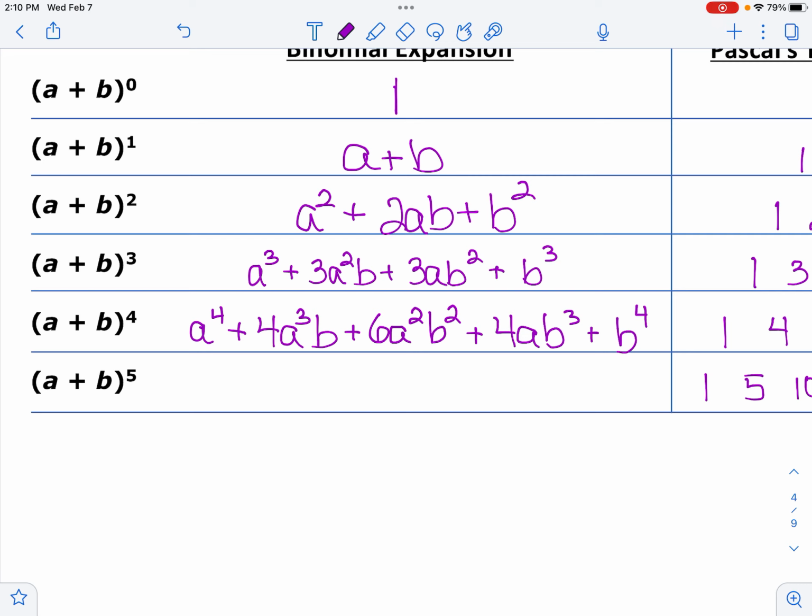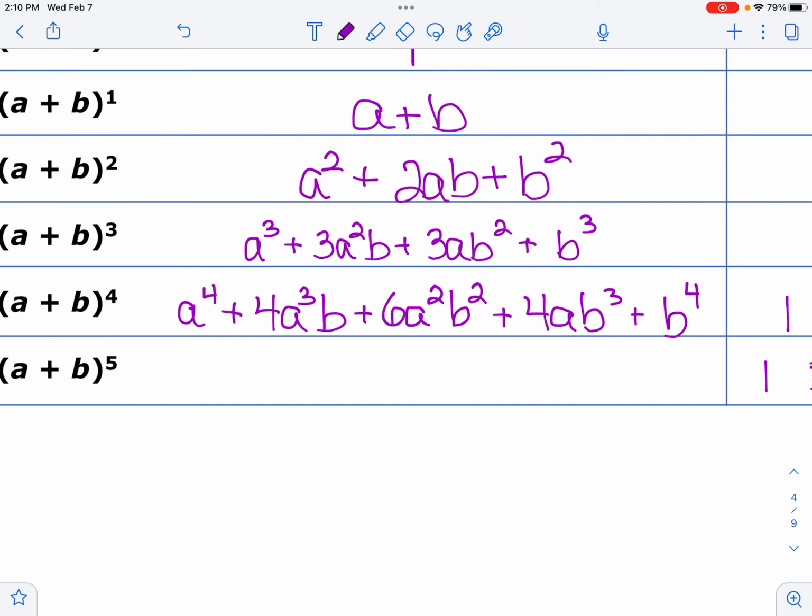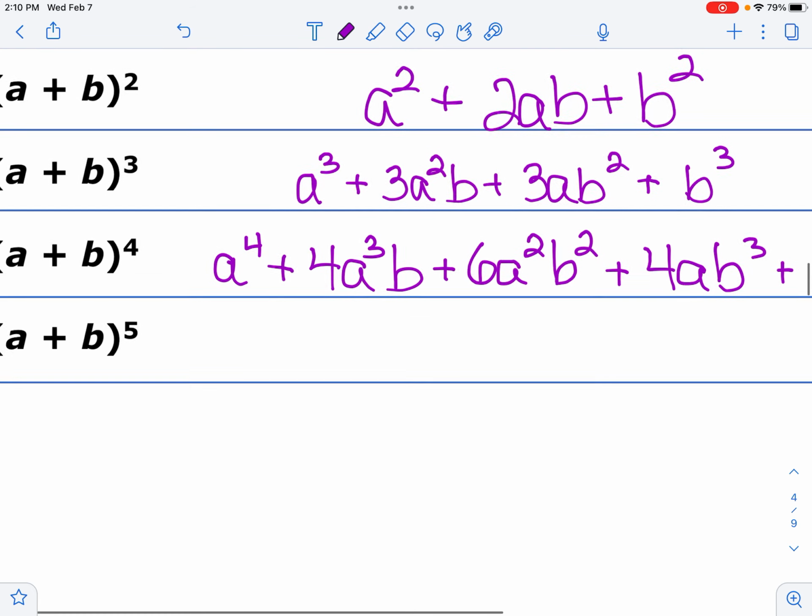All right. And then a plus b to the fifth. I'm going to need to write this probably pretty small so I can fit it all in here. Let's see if we can do that.